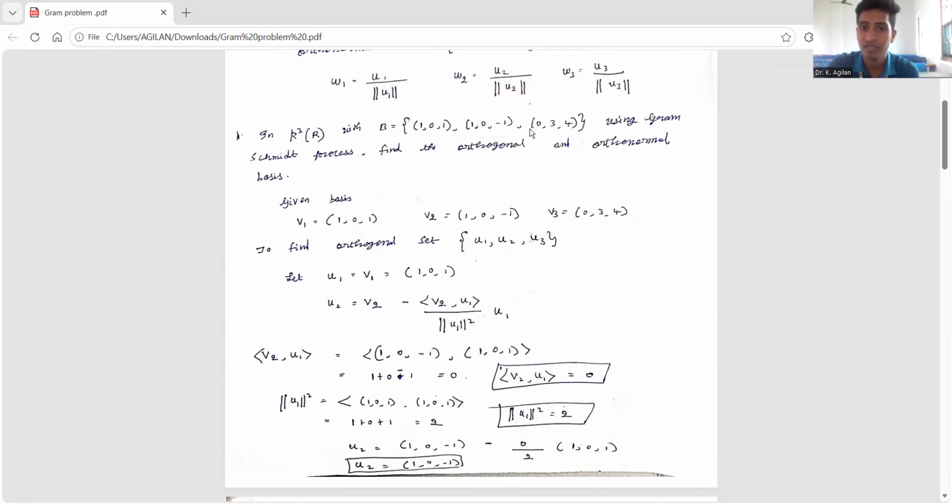V1, V2, V3. So V1 is nothing but (1, 0, 1). V2 is nothing but (1, 0, minus 1). V3 is nothing but (0, 3, 4).